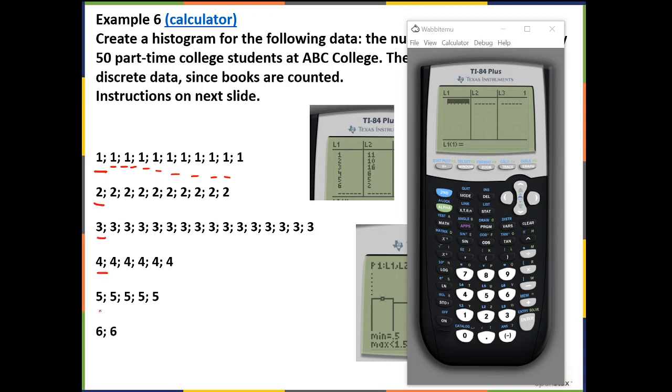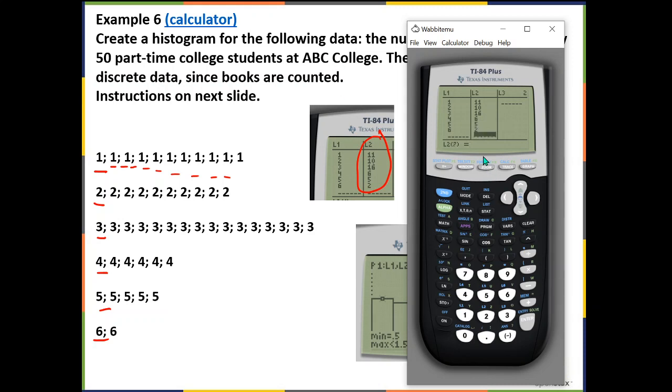So I have 1, 2, 3, 4, 5, and 6. And for the frequencies, I already counted them, so it's right here. So it's 11. I'm going to put 11, and then 10, 16, 6, 5, and 2.